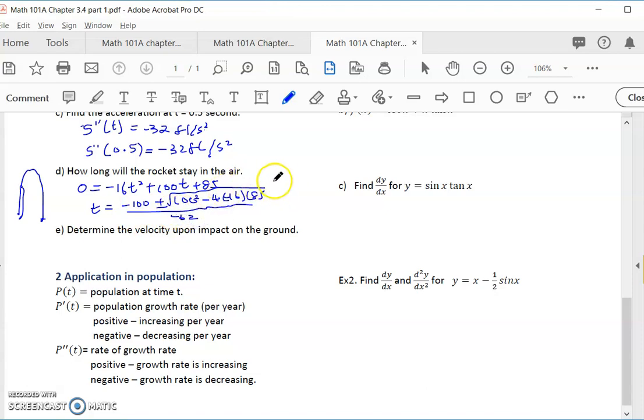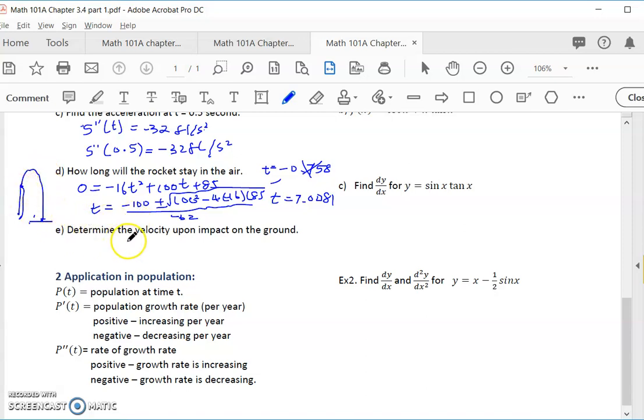So if you simplify everything, it would have two answers. Negative 0.758, which doesn't make sense. Time cannot be negative, so this is an extraneous solution. And the other t is 7.0081. So we stay in the air for 7 seconds. So you fire it up, it falls down. This is totally 7 seconds.